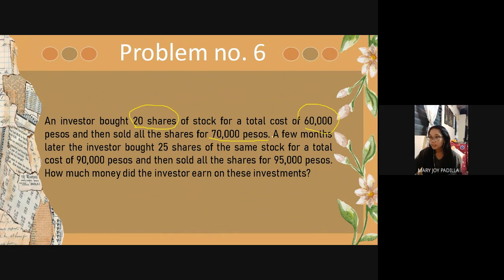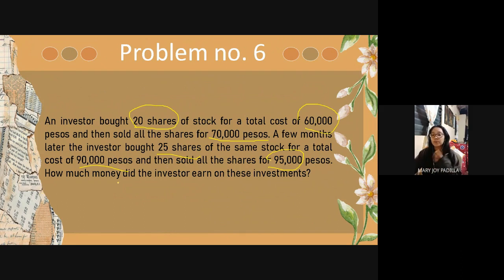A few months later, in our second transaction, the investor bought 25 shares of the same stock for a total cost of 90,000 pesos. Then sold all the shares for 95,000 pesos.